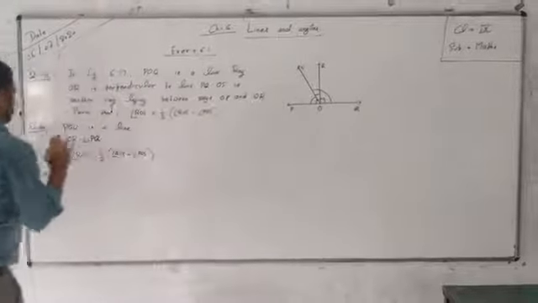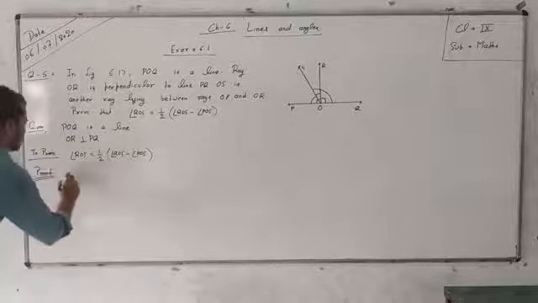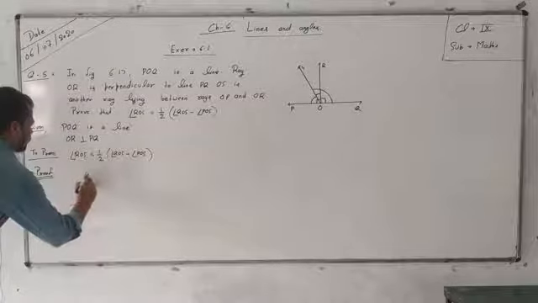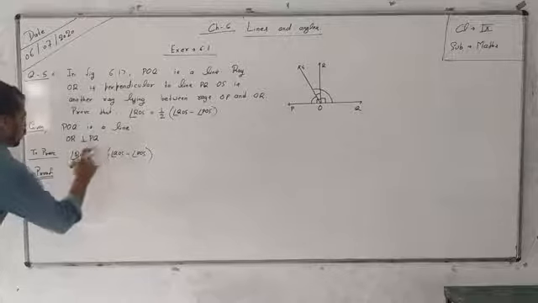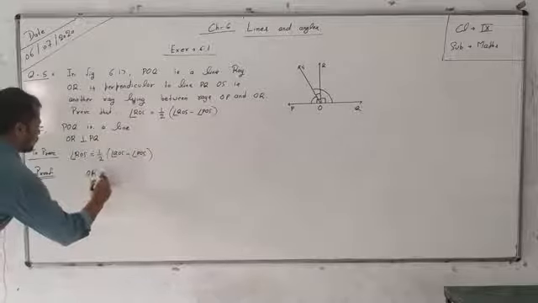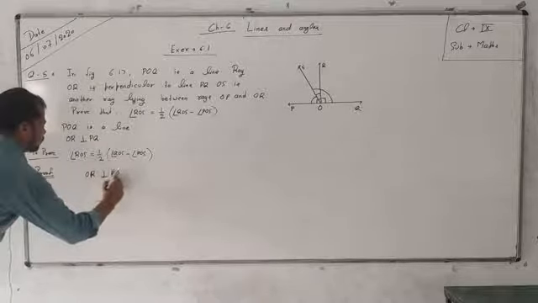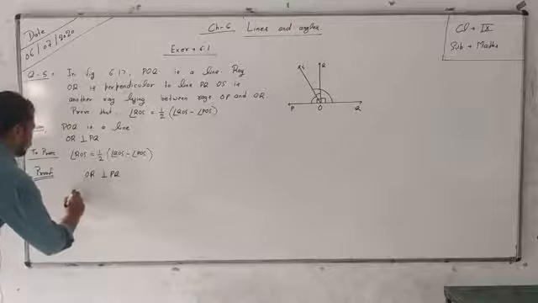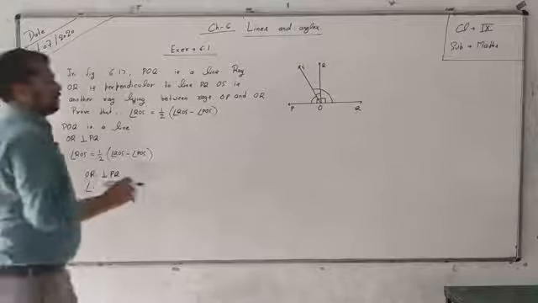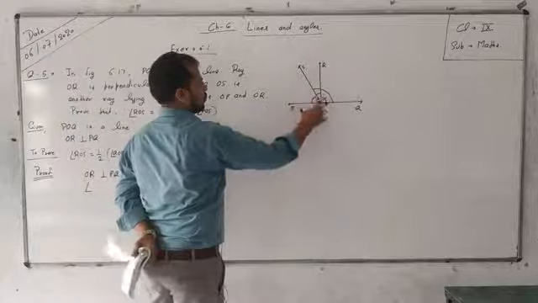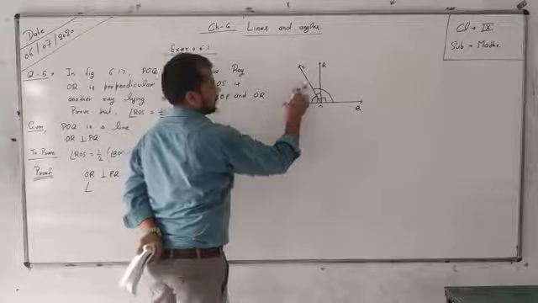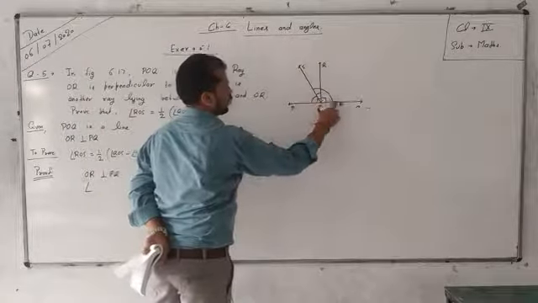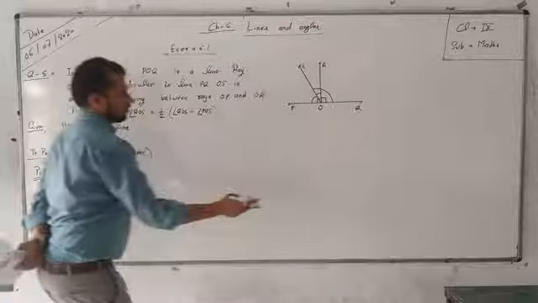Okay? So first of all we have to write, since OR is perpendicular to PQ, therefore angle ROP equals to angle ROQ, and both equals to what? 90 degree.